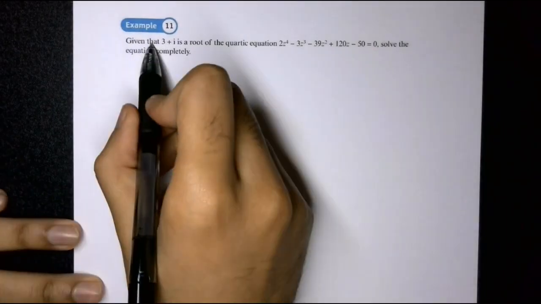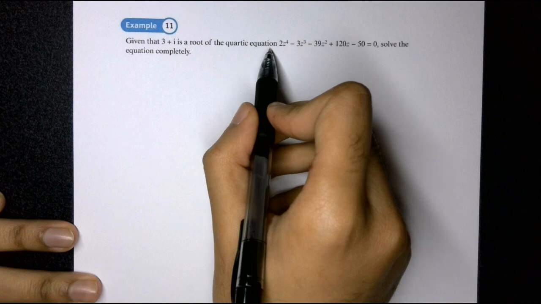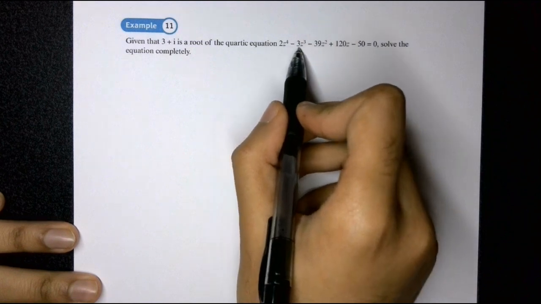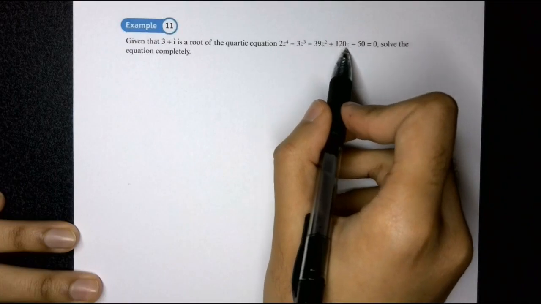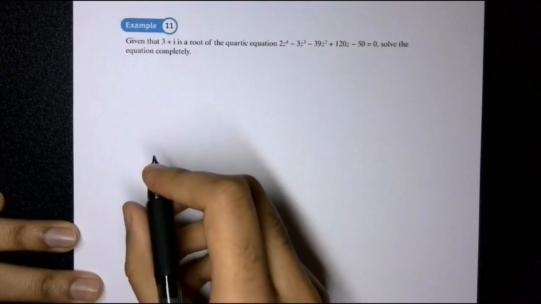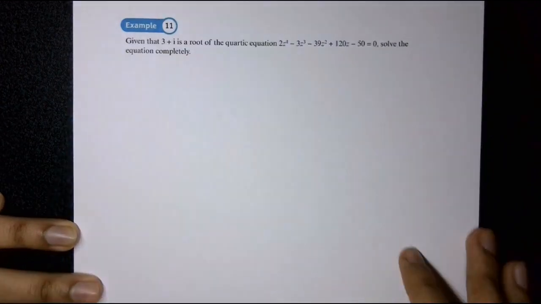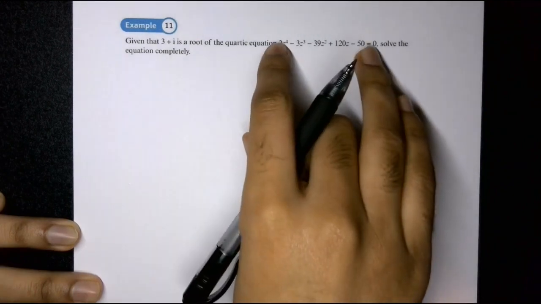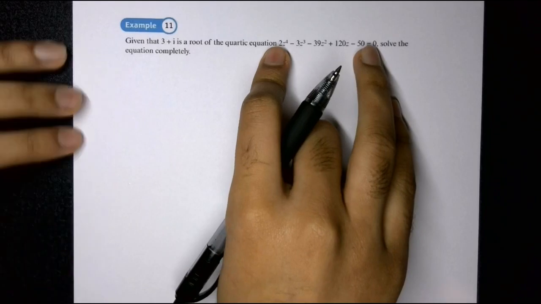Example number 11. Given that 3 plus i is the root of the quartic equation 2z to the 4 minus 3z cubed minus 39z squared plus 120z minus 50 equals 0, we have to solve the equation completely. So the first thing we can do is recognize we have something equals 0, so we can let that something be f of z.